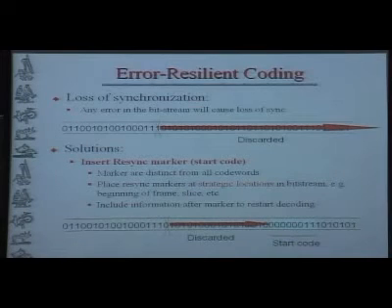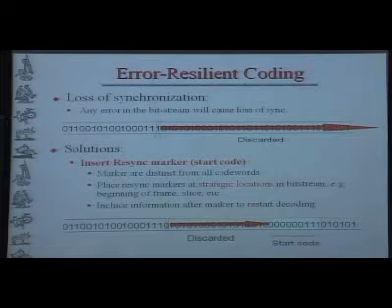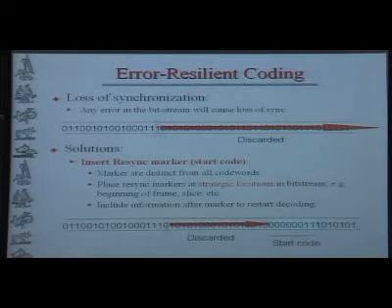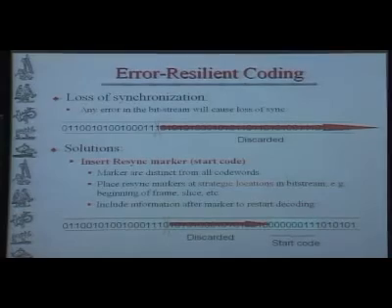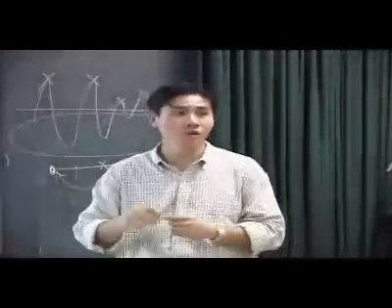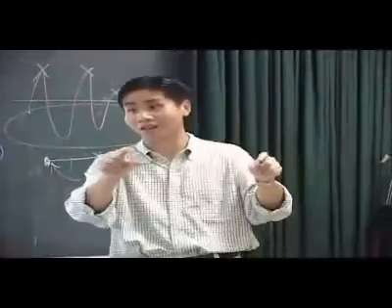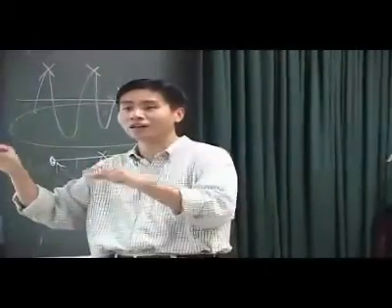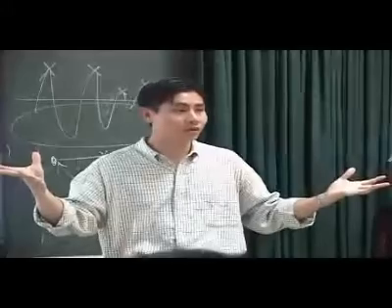maybe the beginning of frame codes. So at the beginning of the frames, we have a start code. This is the starting of a frame. And you can do the same thing with, this is the starting of a slice, or this is the starting of a group of macroblocks.